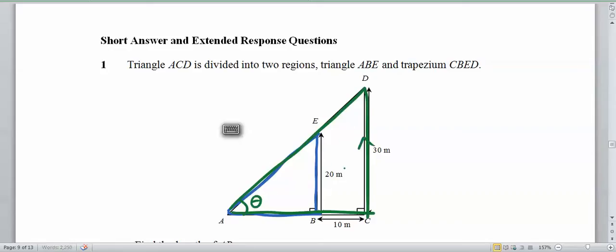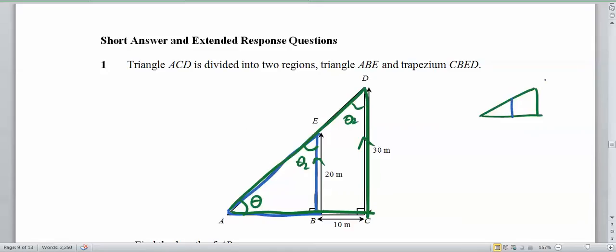These two lines are parallel, so this other angle, we'll call it theta 2, is also the same. So they share the same angles, and the triangle in green is larger than the one in blue, but they're similar.